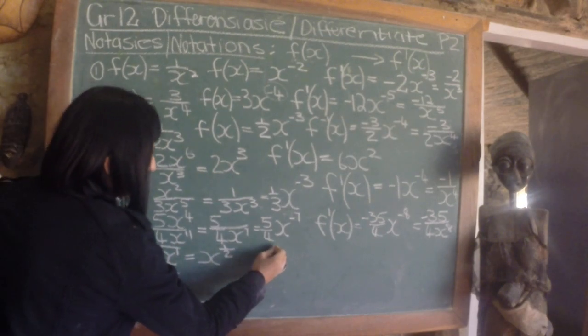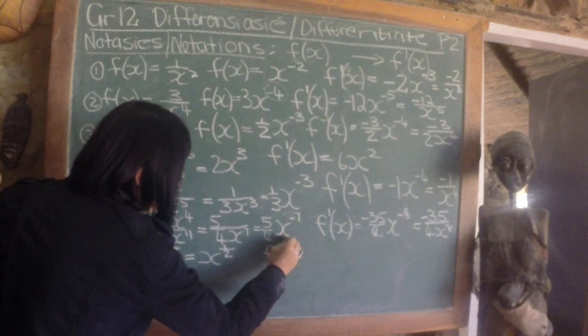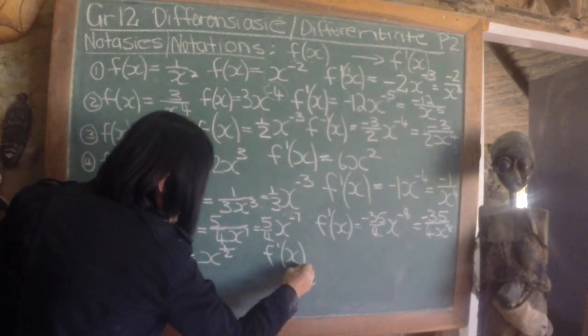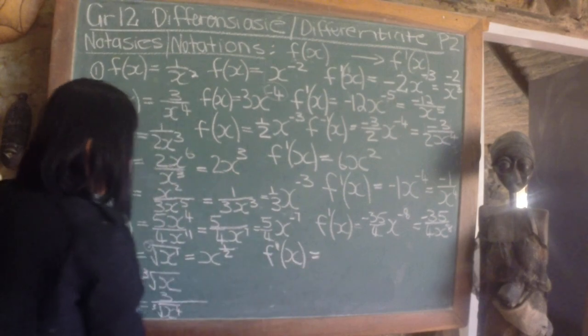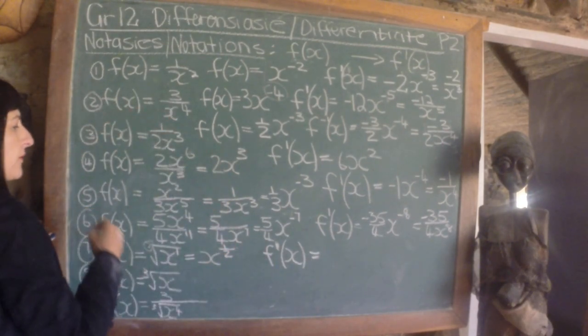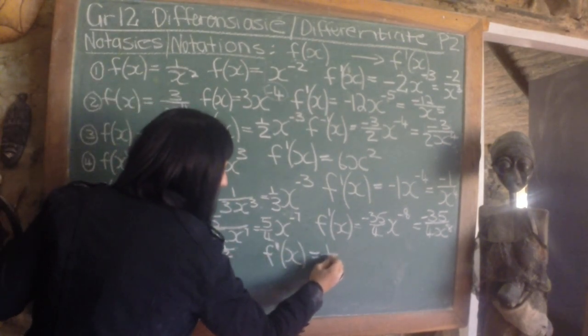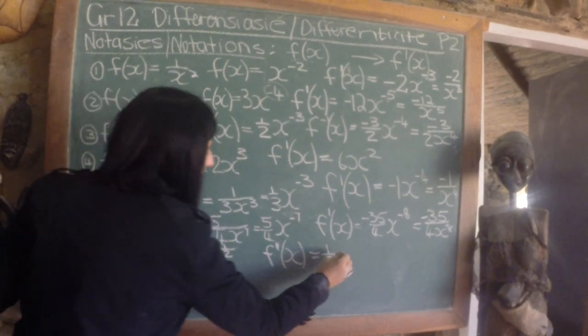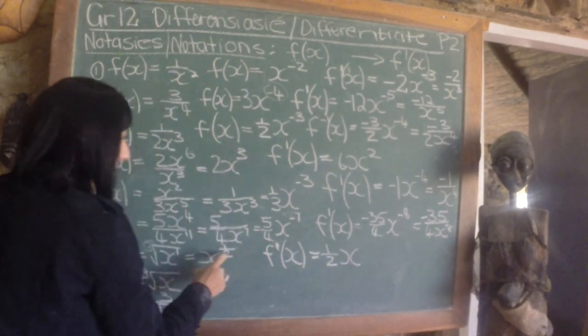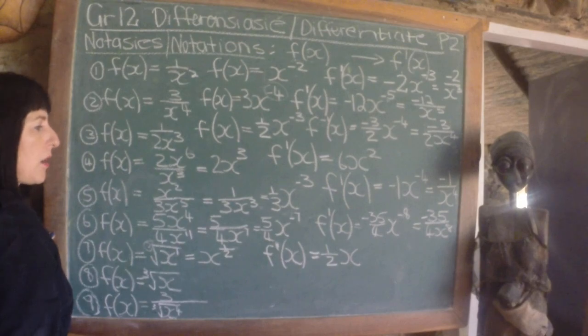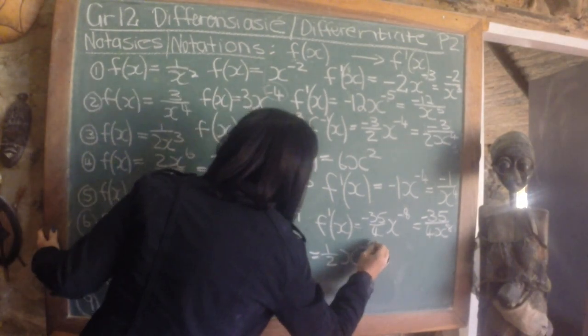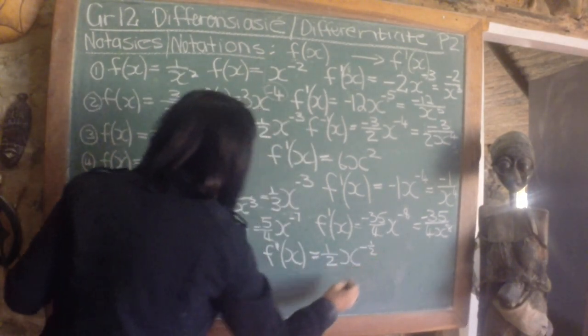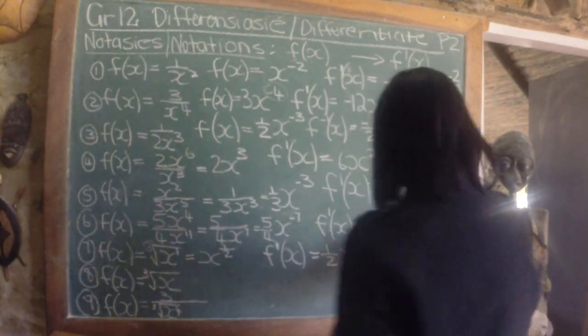Nou kan ek gaan differentieer. Wat doen ek? Skryf eers my notasie reg, showing that I'm differentiating. Take the half to the front, dis 'n half maal 1, so dis 'n half. X, and if I minus 1 from a half, it becomes minus a half. So kom ons gaan maak hom eers positief.